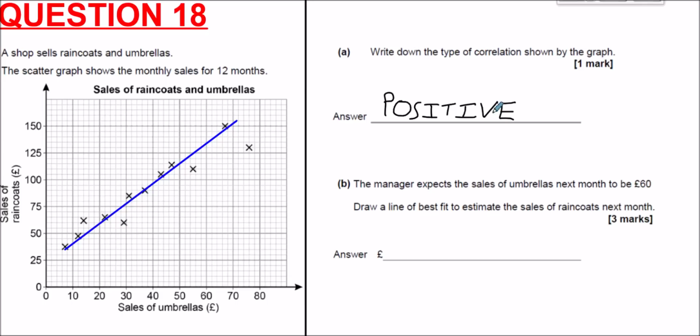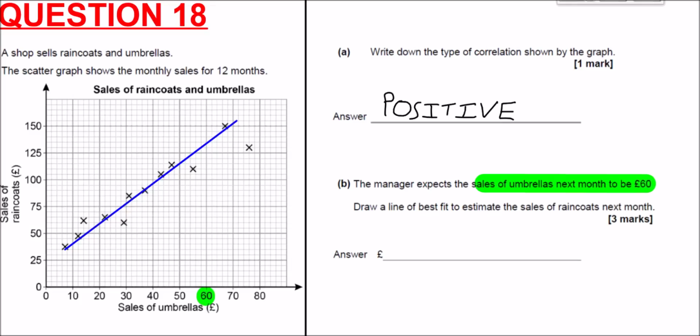Part B, the manager expects the sales of umbrellas next month to be £60. So we need to use this line of best fit now to estimate the sales of raincoats next month. And so he's saying sales of umbrellas next month, £60. And so sales of umbrellas is along the x-axis, and he's thinking it'll be £60.